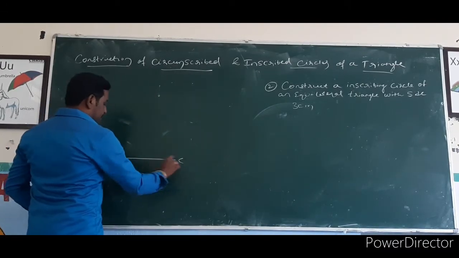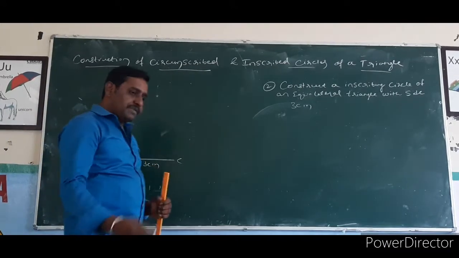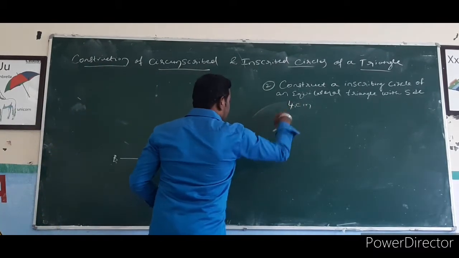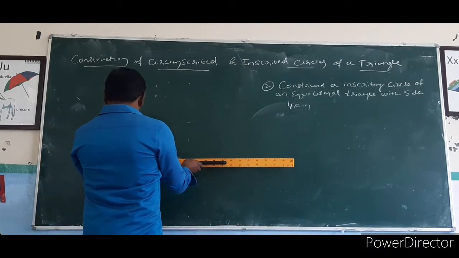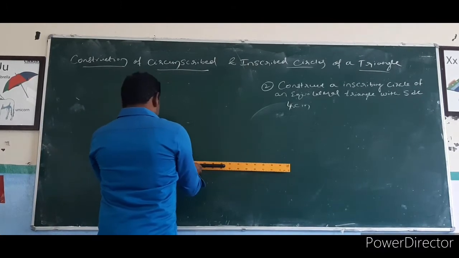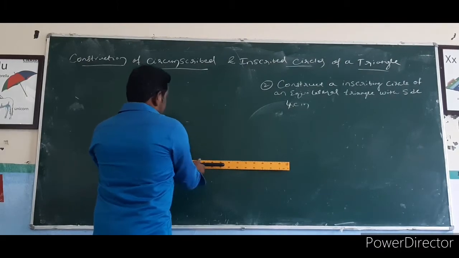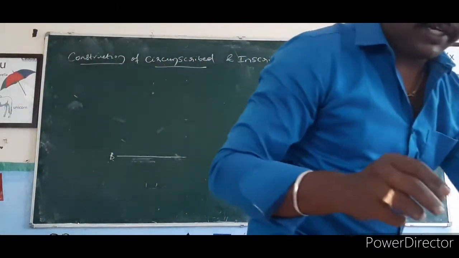If I am considering BC as 3 cm, I can extend one more centimeter, because it will come too short. You can extend to 4 centimeters. For 3 centimeters also it is possible, but for your understanding, I am extending one more centimeter.